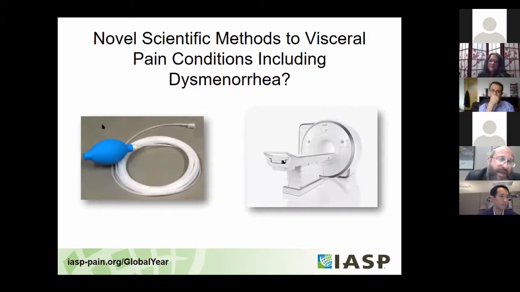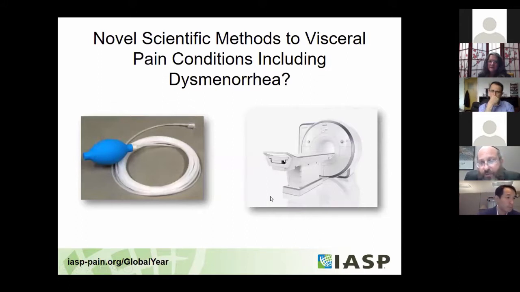And every time they have a cramp, they squeeze the bulb. So how do we know what's going on in the uterus? We use 3T MRI to evaluate what is going on in the uterus at the same time that they're instructed to squeeze the bulb every time they have a cramp.